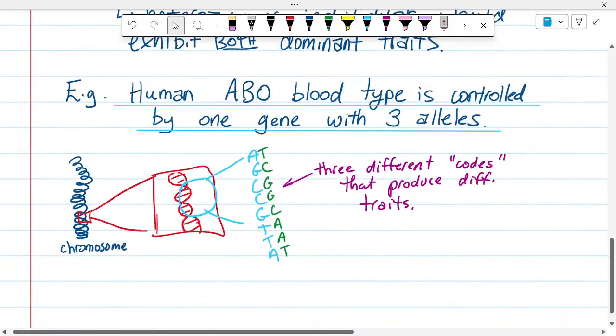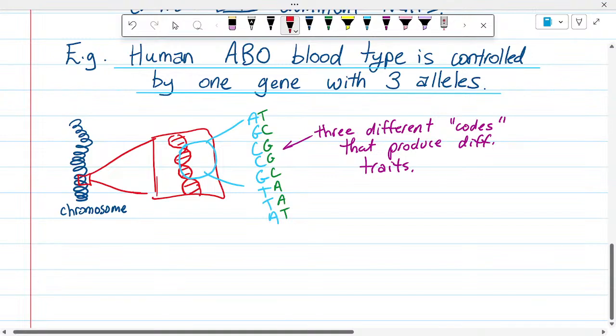And as it happens, we have 3 alleles. The first allele is the A allele, and this codes for type A blood. We'll learn more about that next unit. For now, it's enough for you to know that it codes for type A blood.